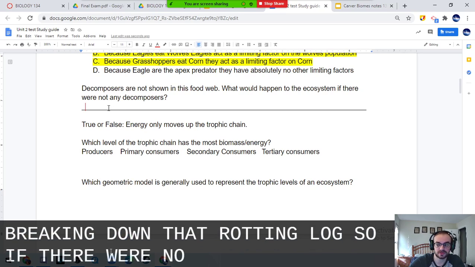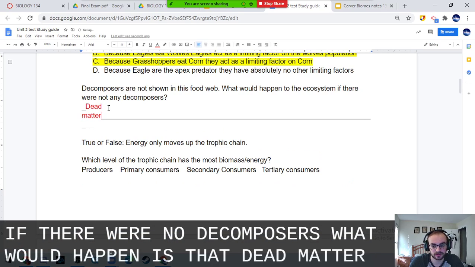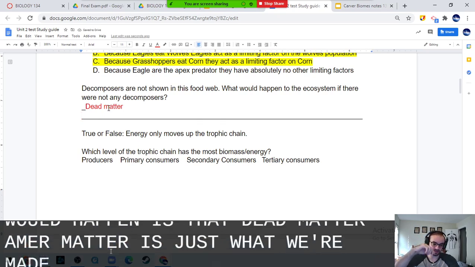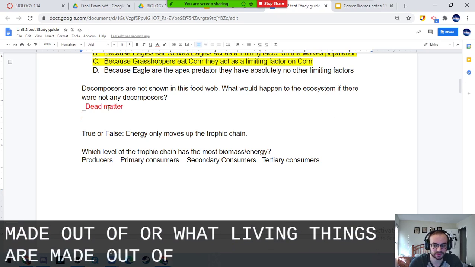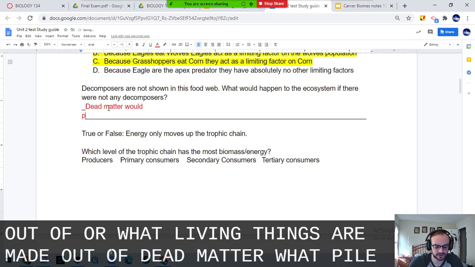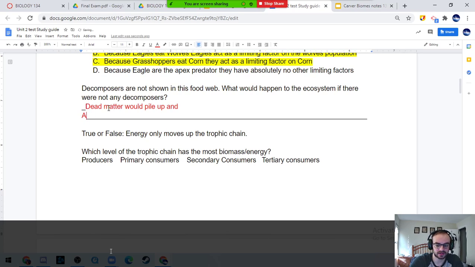So if there were no decomposers, what would happen is that dead matter, and matter is just what we're made out of, or what living things are made out of, so dead matter would pile up, and all populations would decrease.